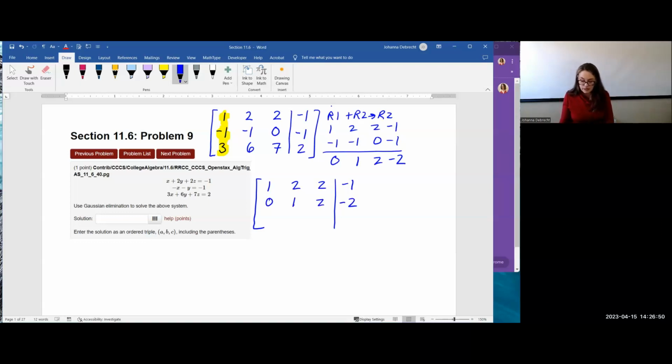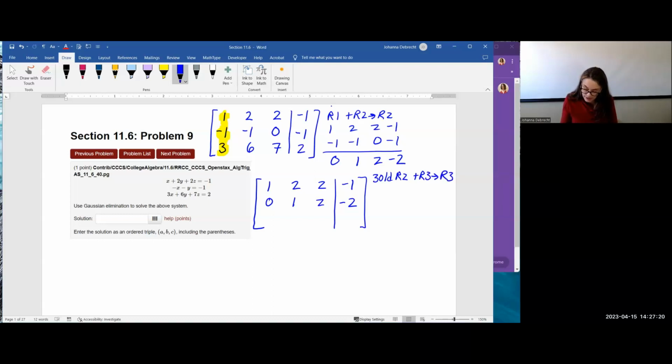All right. Now, the next thing I want to do is get rid of that 3, and I can do it at the same time. I'm going to instead take the old row 2, multiply it by 3, and add it to row 3, and put it back into row 3.